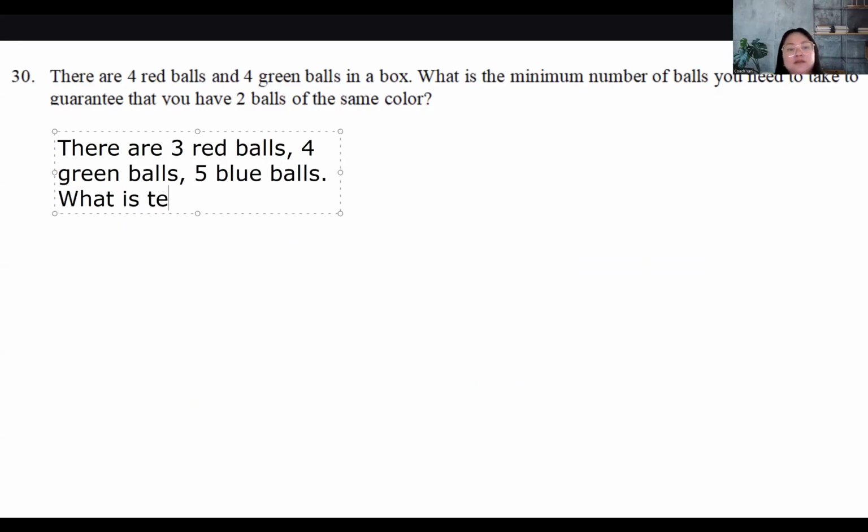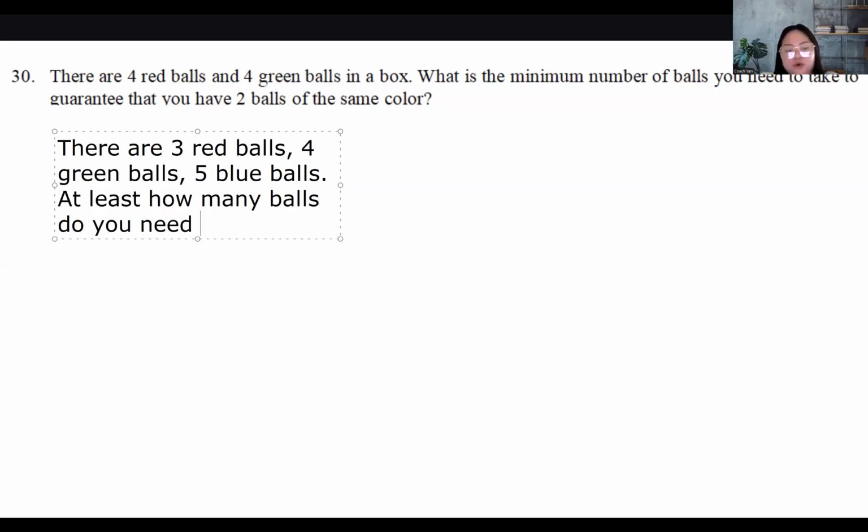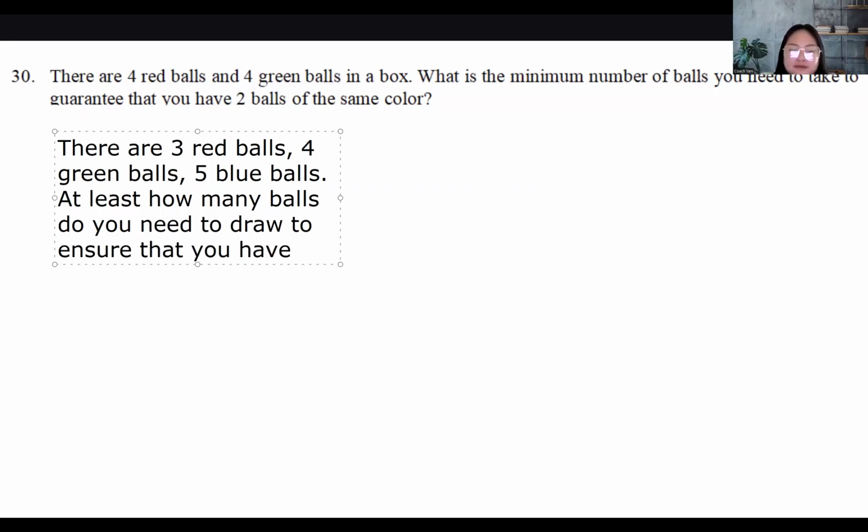What is the minimum number of balls, or at least how many balls do you need to draw to ensure that you have two balls of each color?